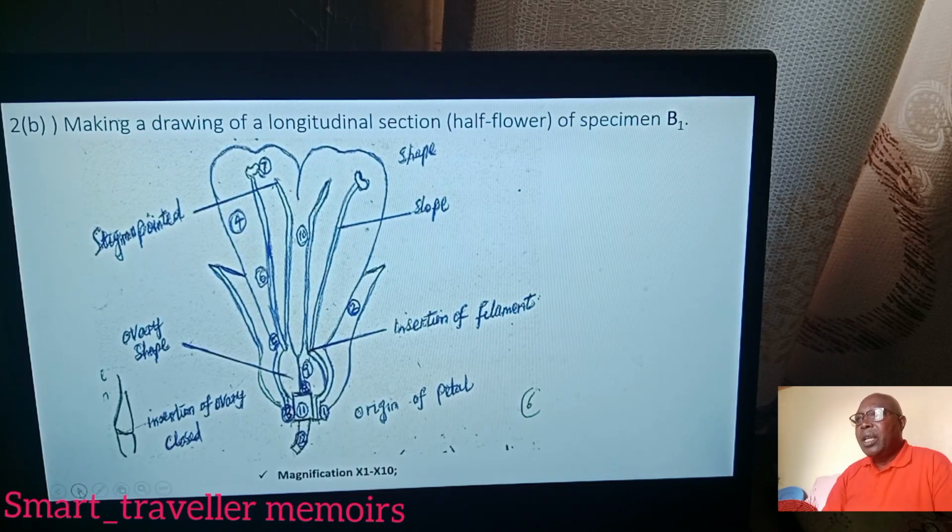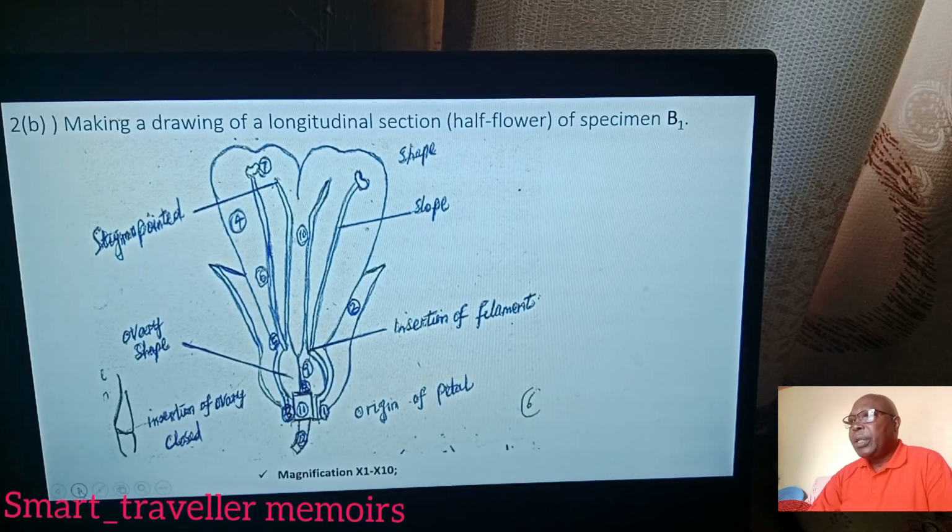Marking and drawing of a longitudinal section of a flower of specimen B1. So we have the diagram there where we label.